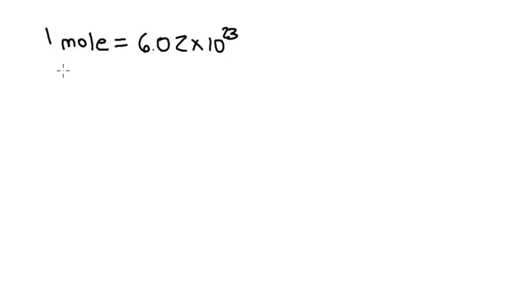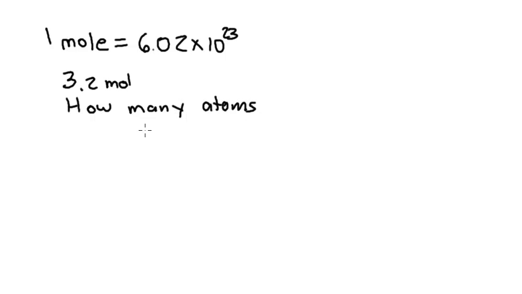So if I want to say how many atoms do I have if I have 3.2 moles of atoms, so I have 3.2 moles, and I want to know how many atoms. This is just a conversion problem. 1 mole is 6.02 times 10 to the 23rd.